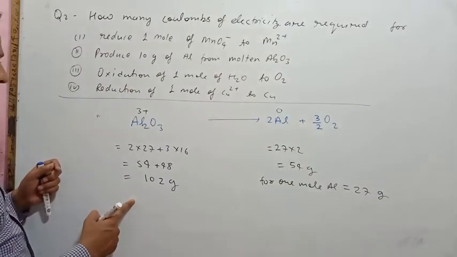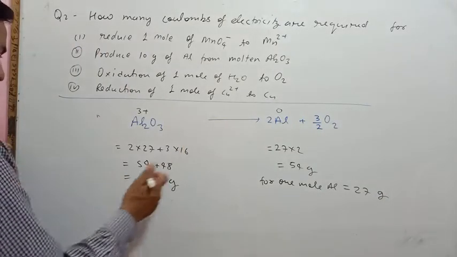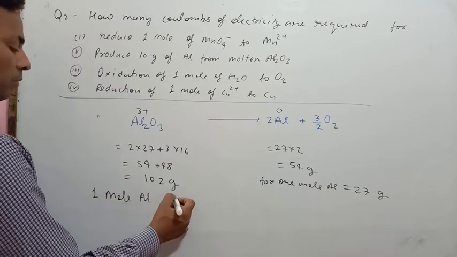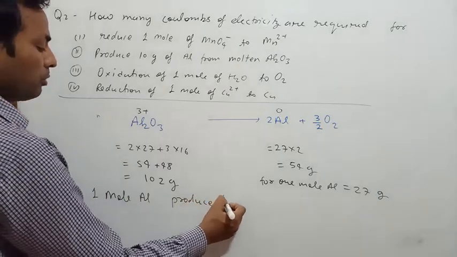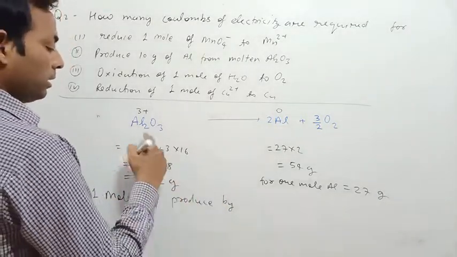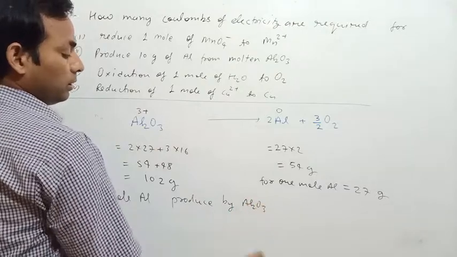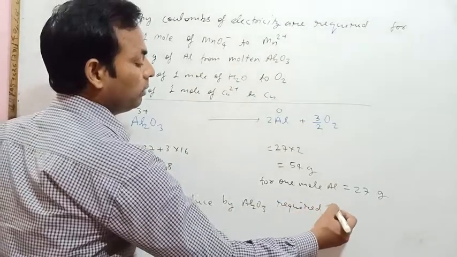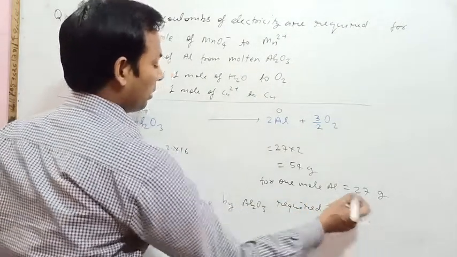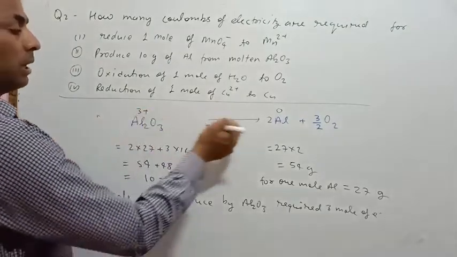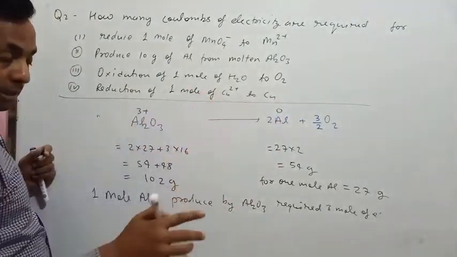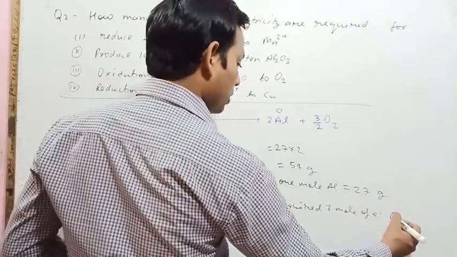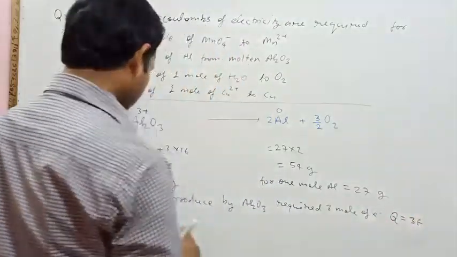Okay, look here. 1 mole of aluminum produced from Al2O3 requires 3 moles of electrons, because Al has 3 plus and that Al has 0, so 3 electrons are changing. So the total charge required is Q equals 3F for 1 mole.